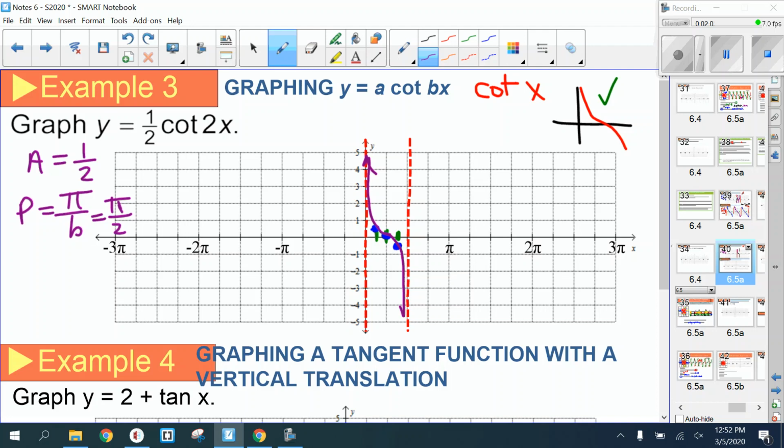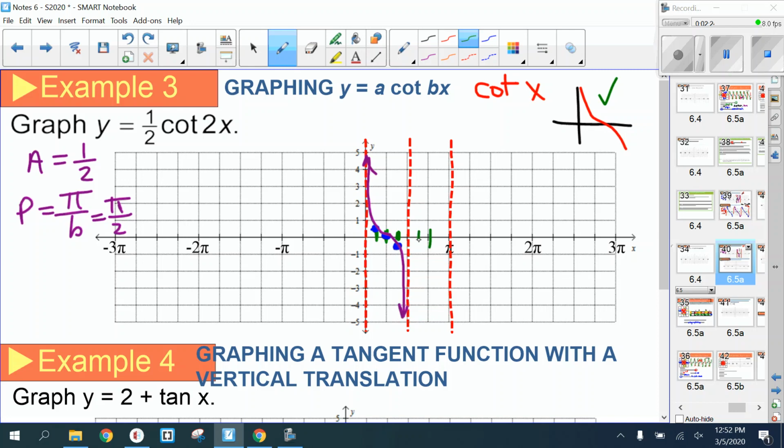Try your best to draw a smooth curve through, and that's the first period. Now we're going to have to do 11 more of those. Let's just do one and move on. Or let's do one more, I mean. Period of pi over 2.